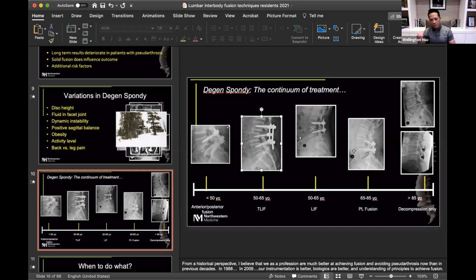Now, these studies won't show that because the effect size is so small. It's not going to be like 90% versus 60%. It's going to be more like 95 versus 85, something like that. And then you need 1,000 patients to show that difference, right? So you're not going to show that with a study. But I'm telling you that it makes sense to me that a larger cage with a larger footprint will lead to more surface area and increased fusion. It just theoretically makes sense to me.